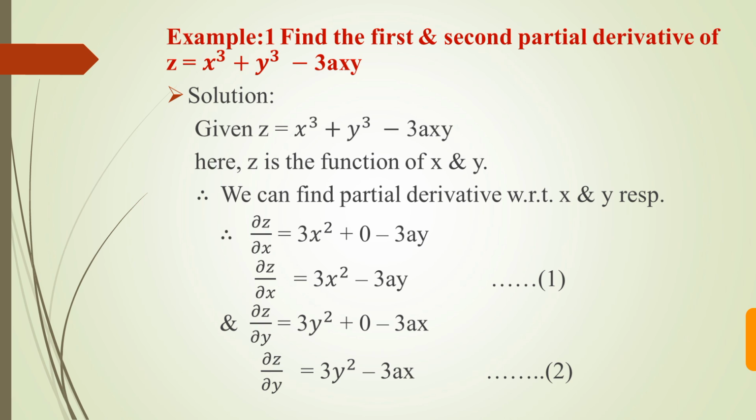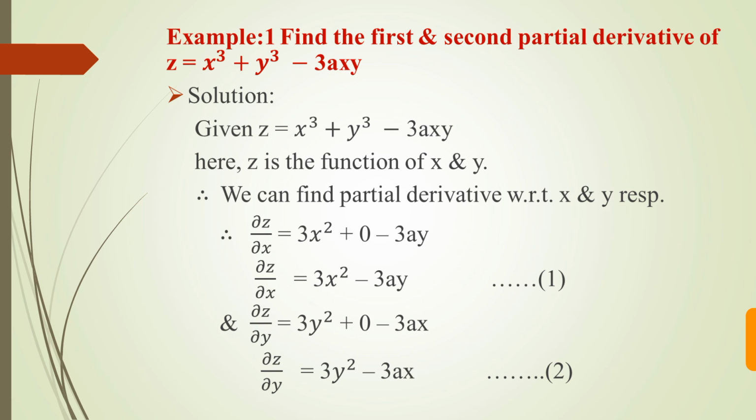Here z is a function of x, y, and we can find the partial derivative of z with respect to x and y respectively. And therefore we get ∂z/∂x is equal to 3x square plus 0 minus 3ay, because the partial derivative of z with respect to x is nothing but the ordinary derivative of z with respect to x, treating the other variable, that is y, as constant.